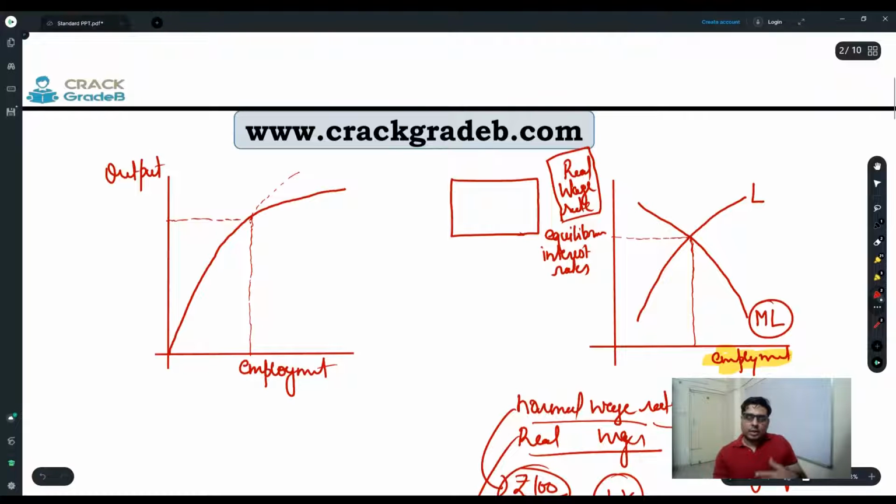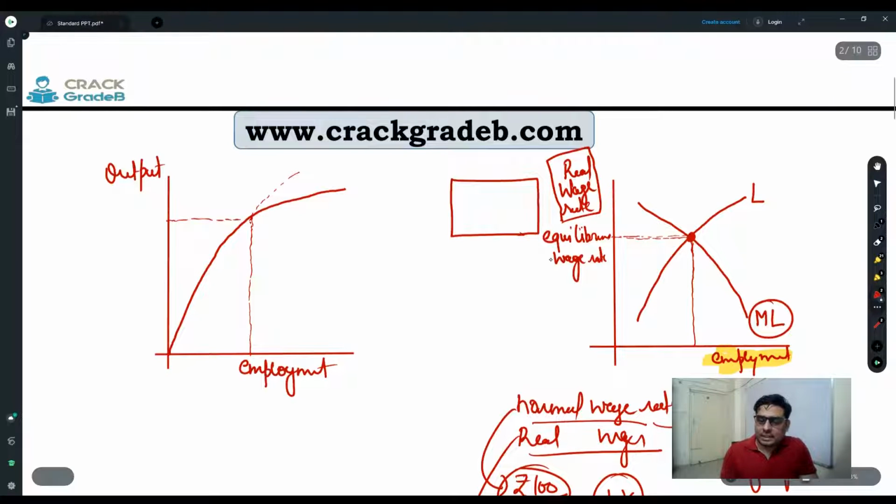But as you increase the number of laborers, the marginal efficiency is going to decrease. Now this point is the equilibrium wage rate.